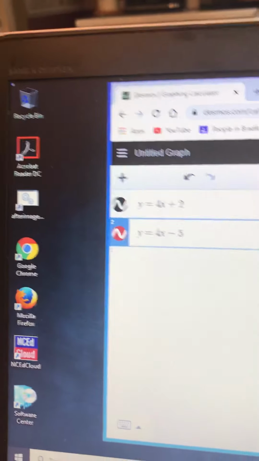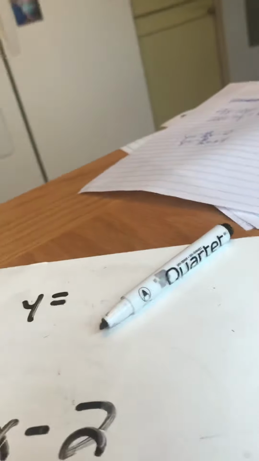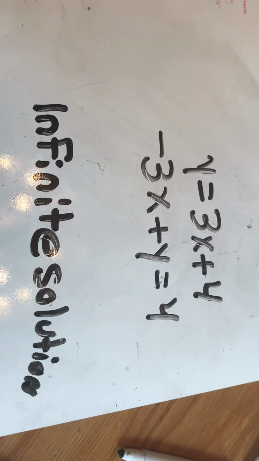The other type of system that you may encounter, the one with infinite solutions, is just the graphs on top of each other. Infinite means it can have an infinite number of solutions. Let's say we entered this system: y equals 3x plus 4 and negative 3x plus y equals 4. I already know the answer; this is going to have infinite solutions.